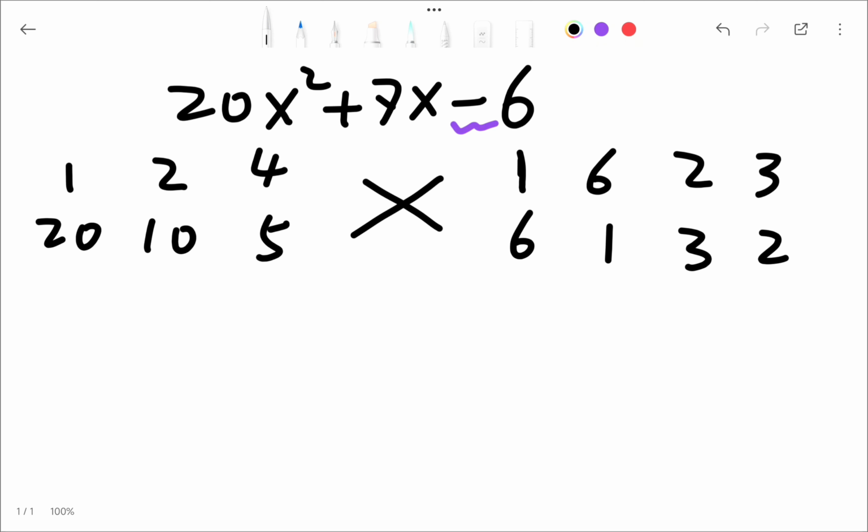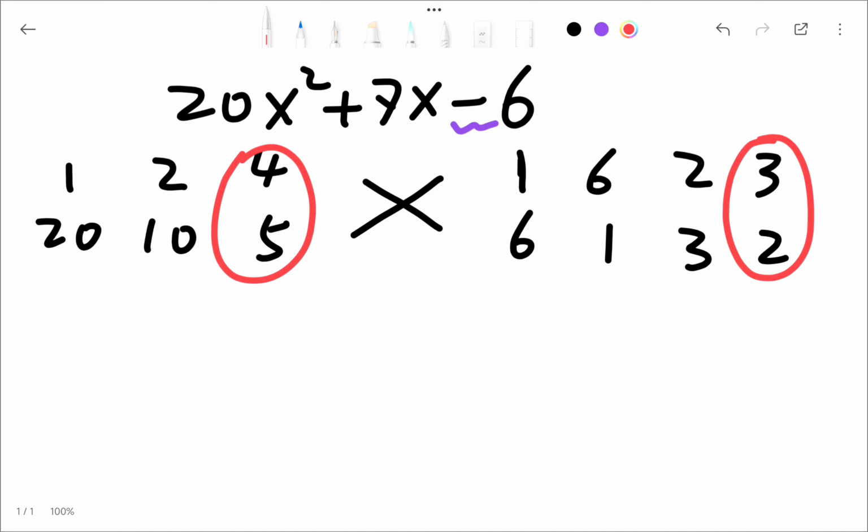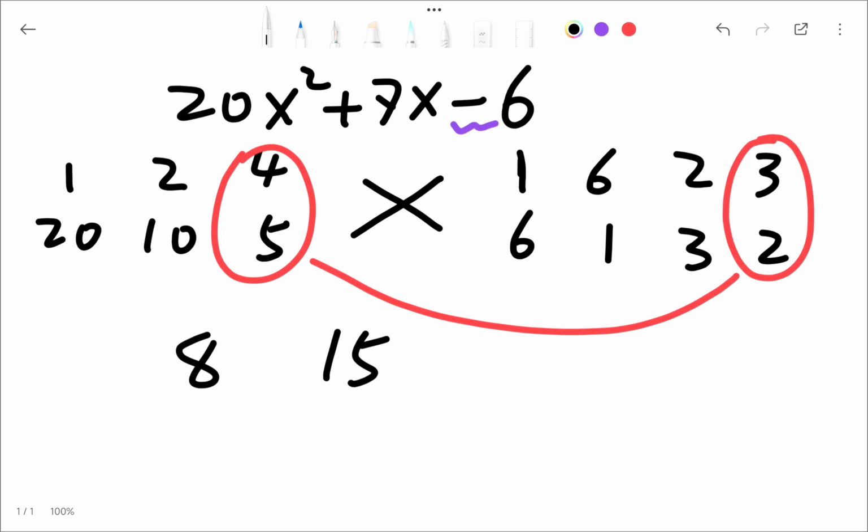At the end, you will find that the correct combination is 4, 5, and 3, 2. These give us 8 and 15.